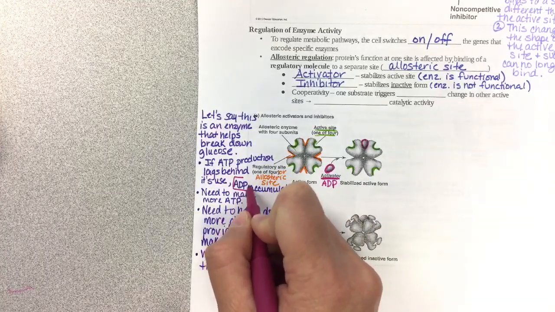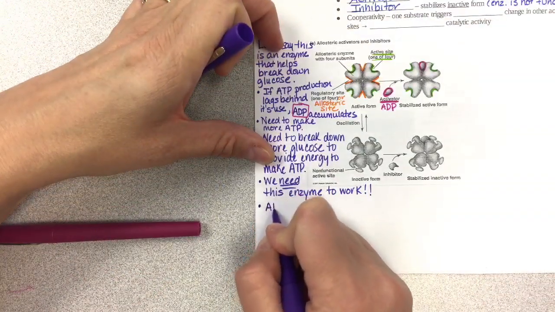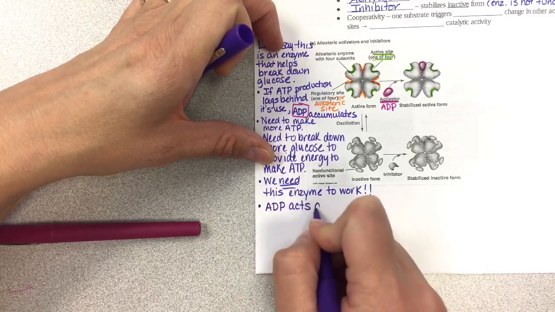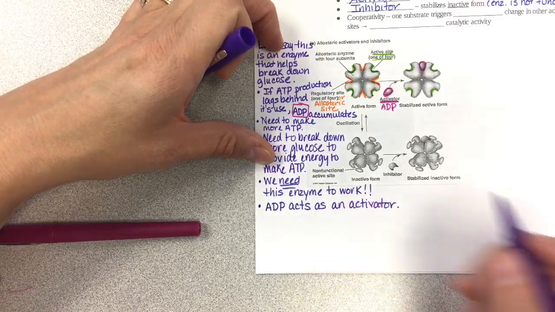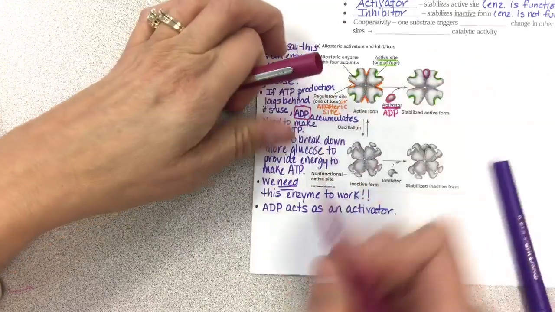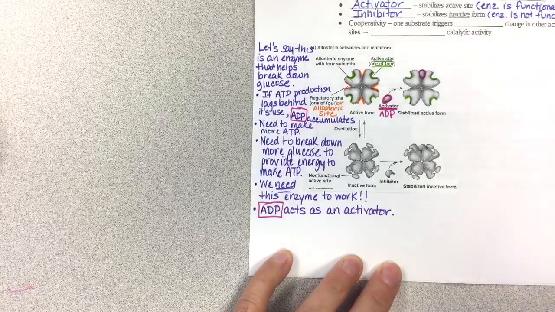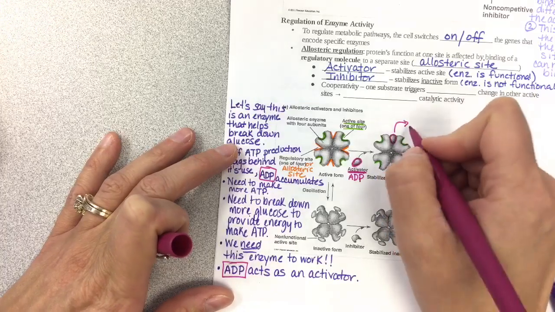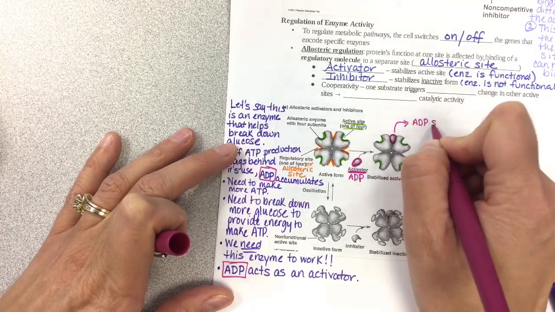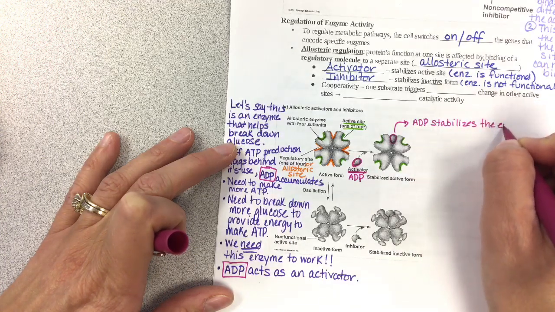So I'm going to put this in the same color here. ADP accumulates, all right? And so down here, let's write this next bullet. ADP acts as an activator. So this enzyme works. Color code all of that, okay? So let's write up here a little something. Right here, we're going to write what ADP is doing. ADP stabilizes the enzyme.